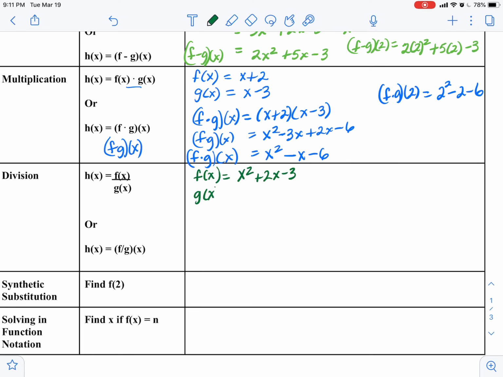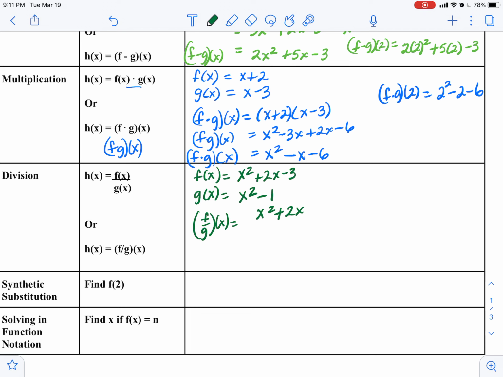And I'm going to let your g of x be x squared minus 1. So difference of 2 squares. So if I want you to give me f divided by g of x, okay, it says to divide those two.